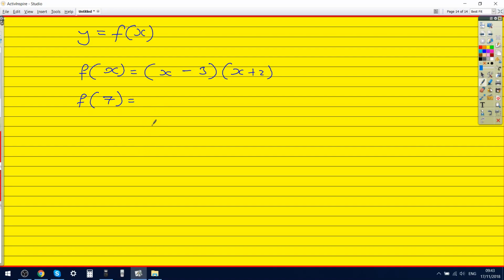Yes, I'm guessing I need to expand the brackets on the right. You don't need to necessarily. Spot the difference from 1 to 2. Oh wait, is it just 7 minus 3 and 7 plus 2? Yeah, it's just substitution. That's all it is.